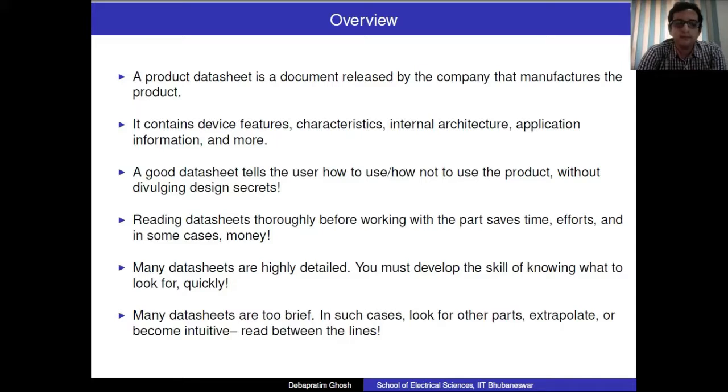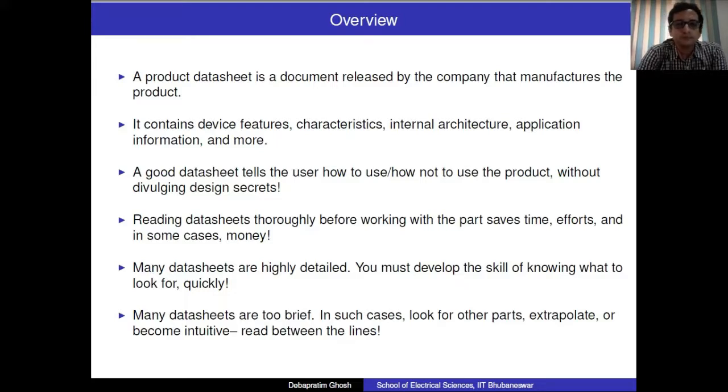It is expected that as an electronic designer, you should spend a considerable amount of time to go through the data sheet of that part, which will save your time, efforts, probably money, because if you do some wrong experiment and the design goes wrong, you will have to refabricate your design.